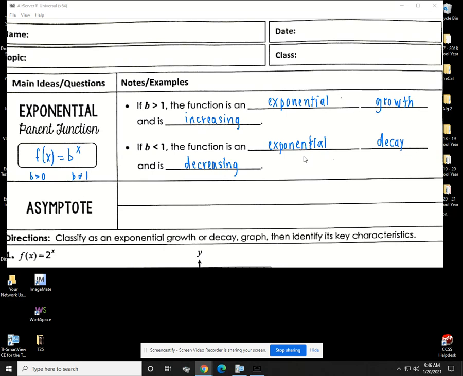Well, when you get to pre-cal, you're going to find out there's other types of these, but the term is called asymptotes. You can have different types of asymptotes. You can have horizontal asymptotes. You can have vertical asymptotes. But what an asymptote is, it's a line that a function will approach but never touch.